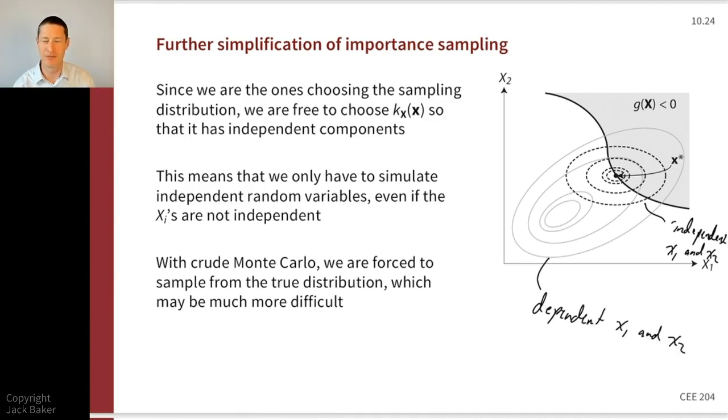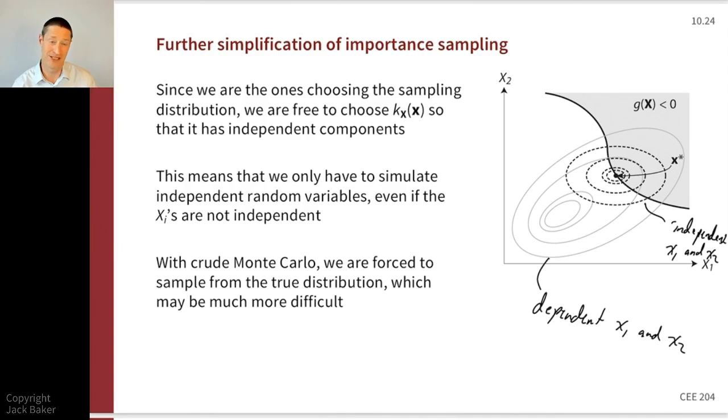Visually, I'm drawing that conclusion by looking at the angle of the joint PDF. Because that gray PDF has values occurring on an angle, large X1s tend to occur with large X2s, so there's a dependence. Whereas the dashed black line PDF has ellipses whose principal axes are in the X1 and X2 directions, indicating that the value of X1 is not dependent on the value of X2.